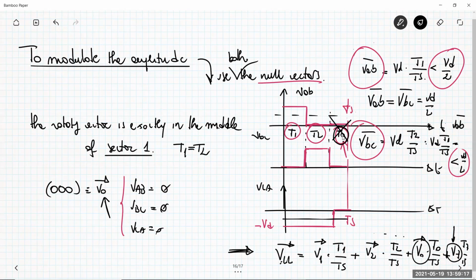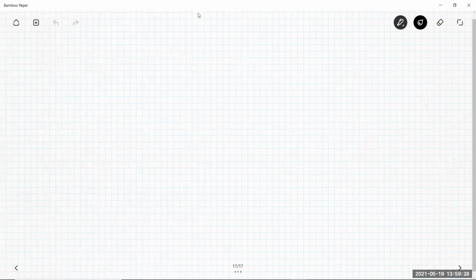When you apply T0, T7, then you can modulate, reducing the maximum amplitude. So let me formalize this discussion a little bit by giving you exactly the expressions for evaluating T1 and T2 as a function of the position of the rotating vector.